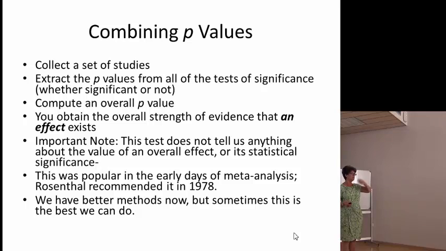And we have better methods now, but sometimes, for example, when you have a lot of studies that only report a p-value, they don't report any effect sizes, and otherwise you would have to just ignore them, you can at least do this.